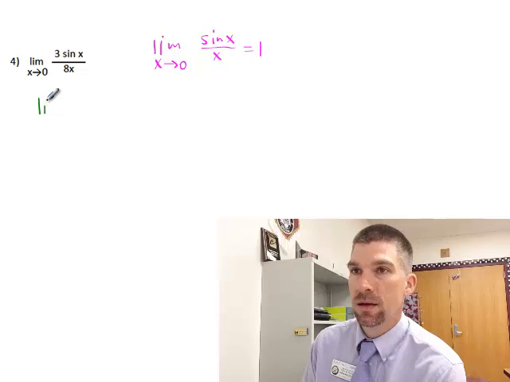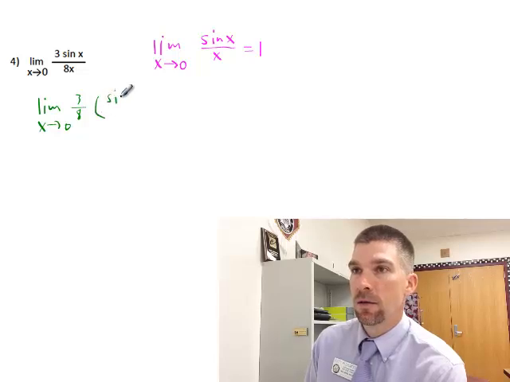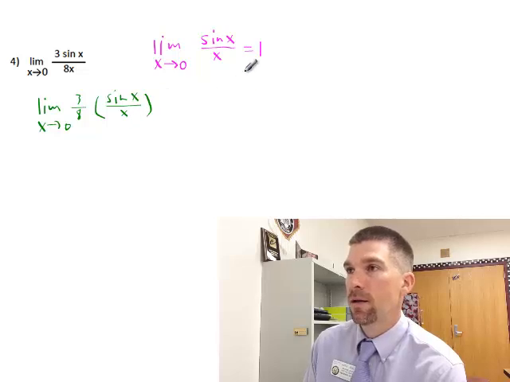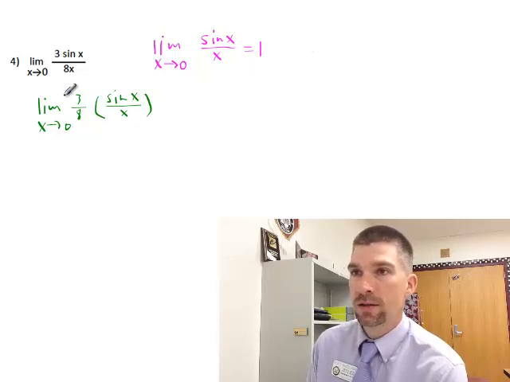And if we can remember this, then we can look at this limit right here and say this is the limit as x approaches 0 of 3/8 times sine x over x. And if we can remember that, then we know that we can take the 3/8 and put it in the front.